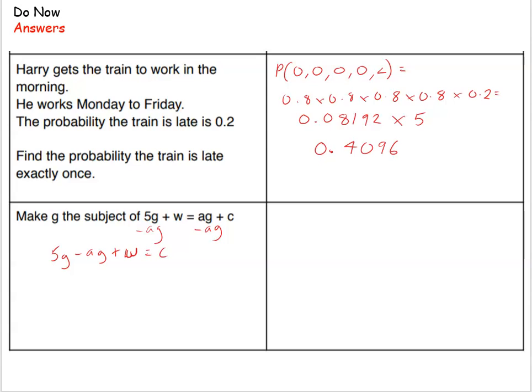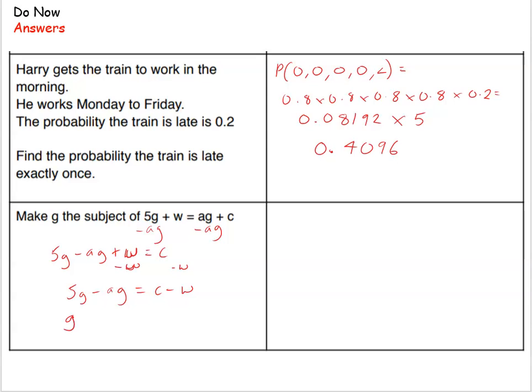equals C. Now I'm going to minus the W from both sides, and that gives me 5G minus AG equals C minus W. Now I'm going to factorize this to get G outside, because it's a common factor in both terms.